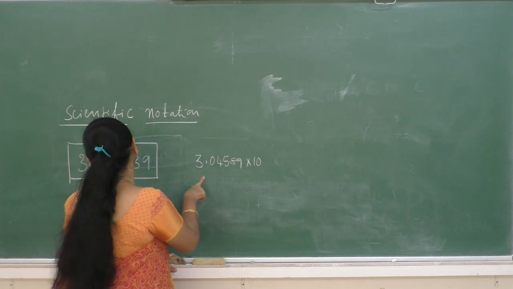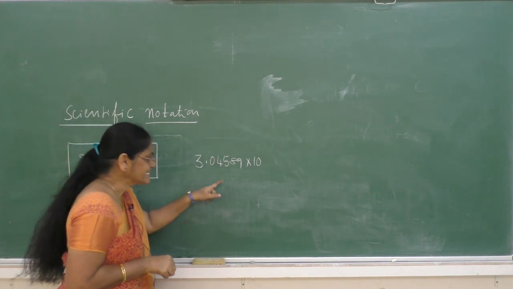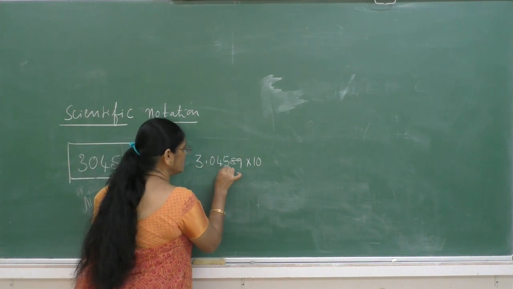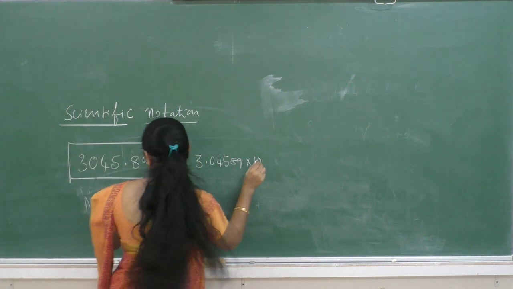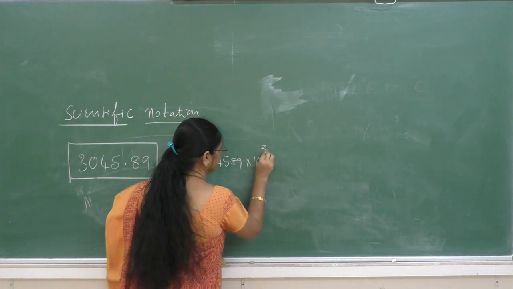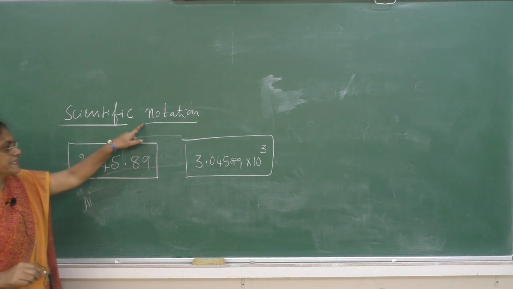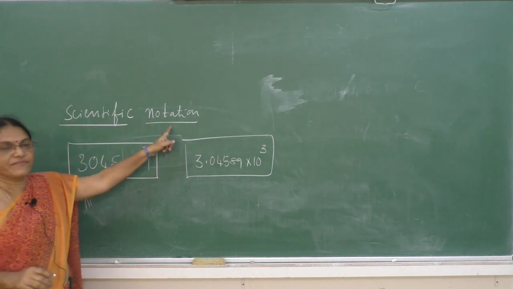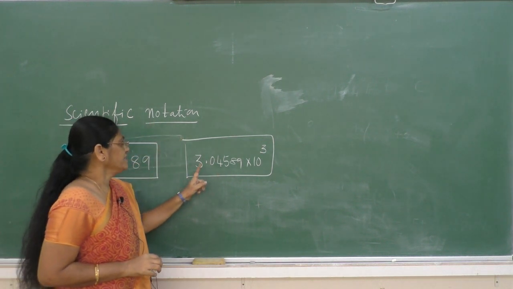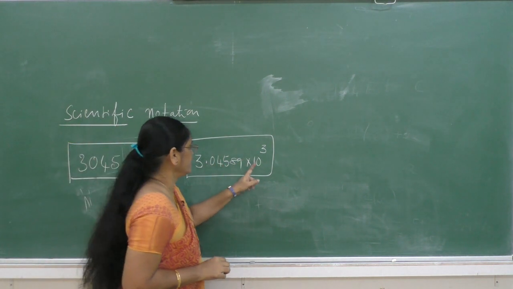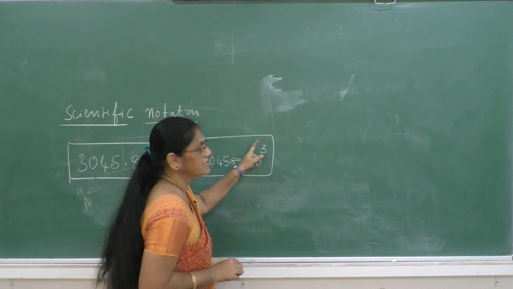So this number in scientific notation becomes 3.04589 into 10 to the power 3.